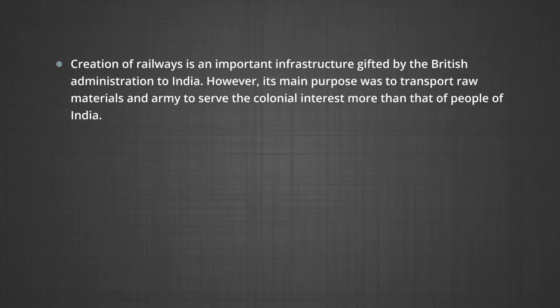Number 3, creation of railways is an important infrastructure gifted by the British administration to India. However, its main purpose was to transport raw materials and army to serve the colonial interest more than that of the people of India.